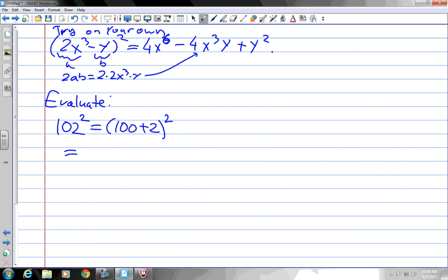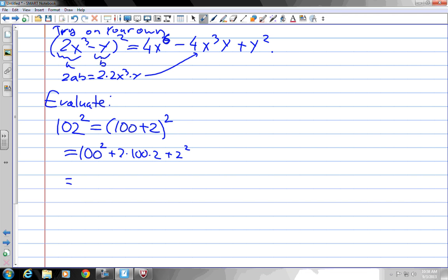So yeah, you're very close. You have a 4 in the wrong place. But if you use the formula that we just studied, it says take 100, square that. Take 2 times the first term, which is 100, times the next term, which is 2. Right? And then plus 2 squared.